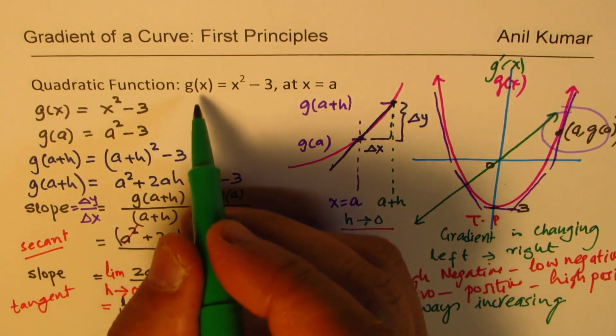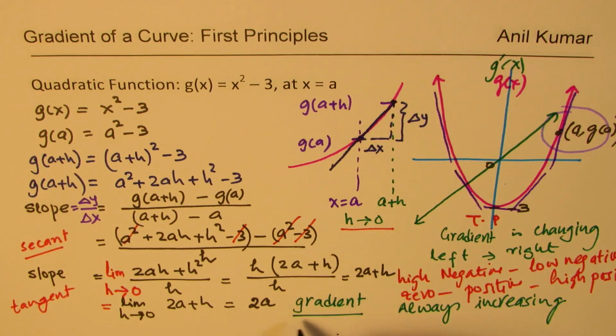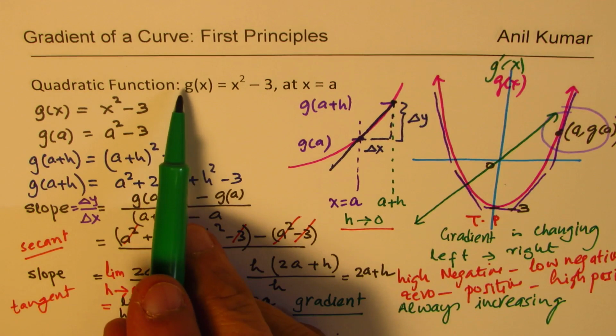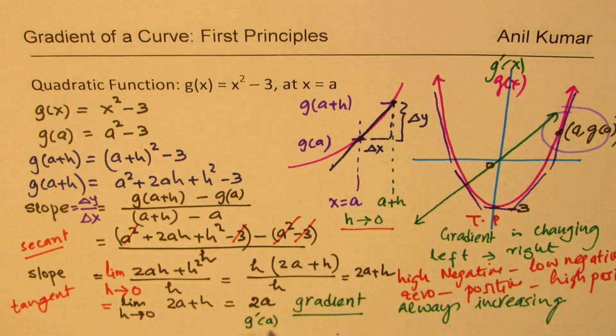Now onwards, we are going to write the gradient as g dash a, right? G of x is a function, g dash a will be our gradient, right? And we may also use a term which is called derivative with respect to x, right? Which we'll introduce soon.